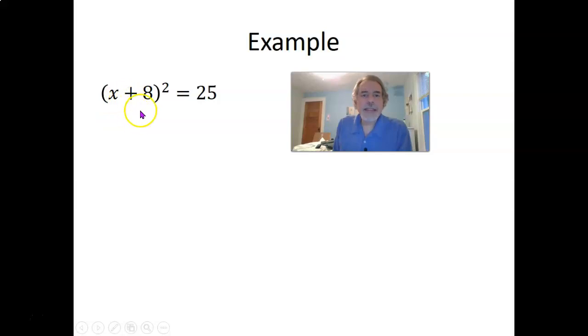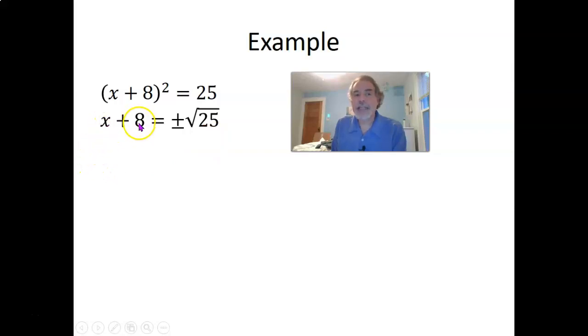Now, in this next example, it's not just x that's being squared. It's an expression that's got a little more than just an x in it, but this works the same way. We got something squared equal to 25, so the something has to be plus or minus the square root of 25.